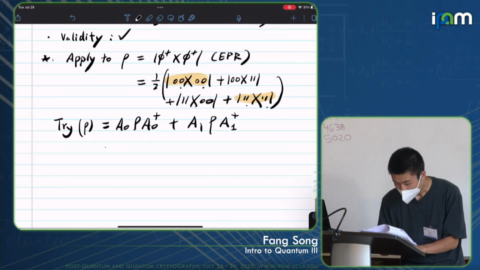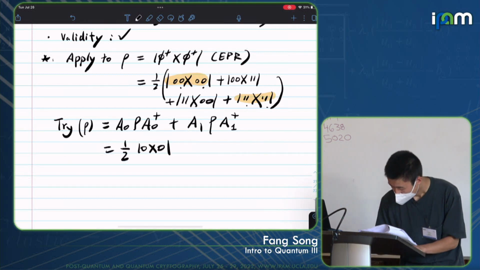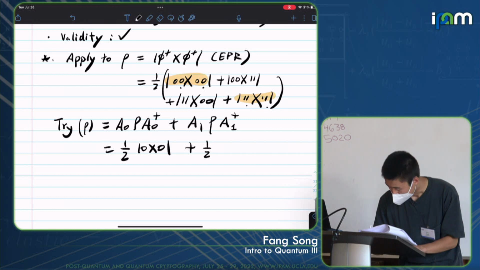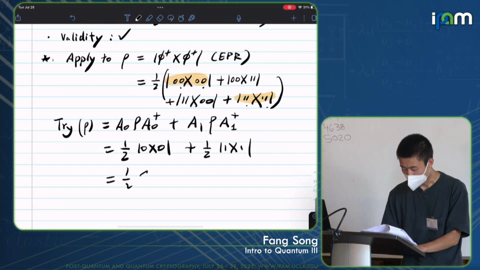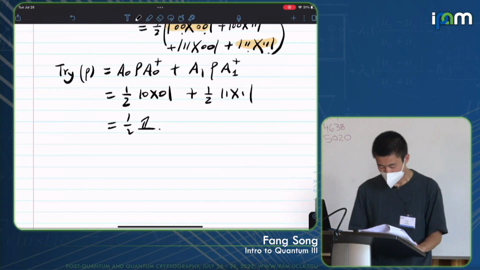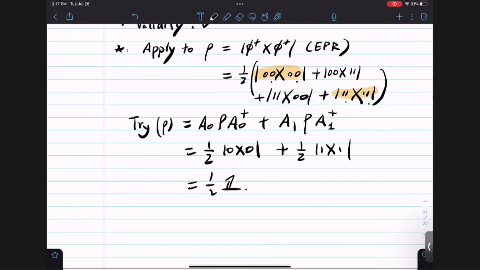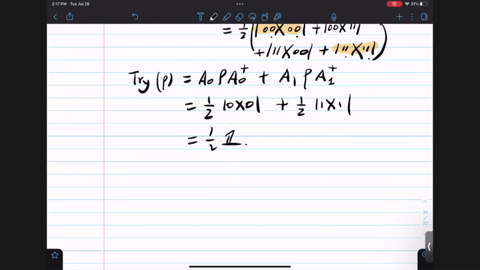So we are left with half K0 bra 0 and half K1 bra 1. And this is just half identity. Okay? So keep this in mind. This will come in handy when we get to quantum crypto, and this will be a useful identity to keep in mind.